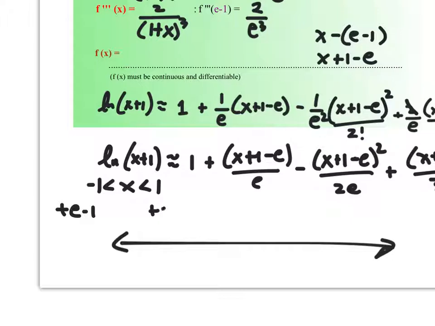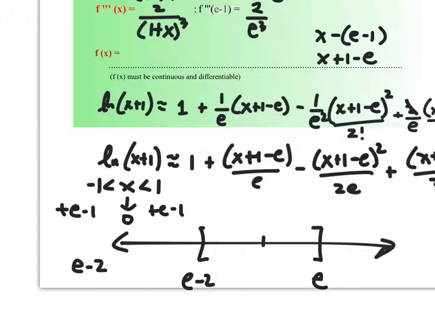So now the center is no longer at 0. The center we're going to figure out here in just a second. So I got e minus 2 as the left end of my interval, and I got e as the right end of my interval.